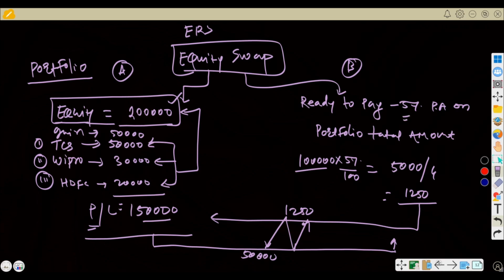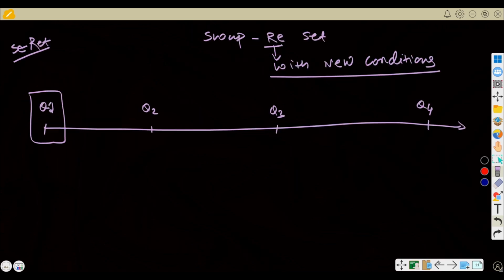And here in the first quarter, if you see the cash flow, A is at a loss. Loss of how much? 48,750.